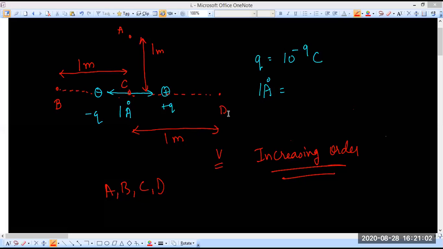Very good. No, Darshi, that's not right. Dhawal, no, not correct. VB is less than VD, that is right. VA is equal to VC. Srishti, which is less, 0 or negative? No, Sakshi, wrong answer.